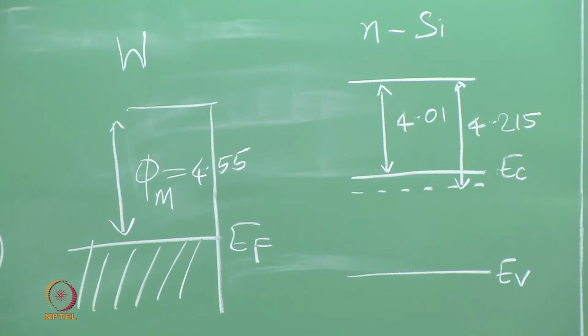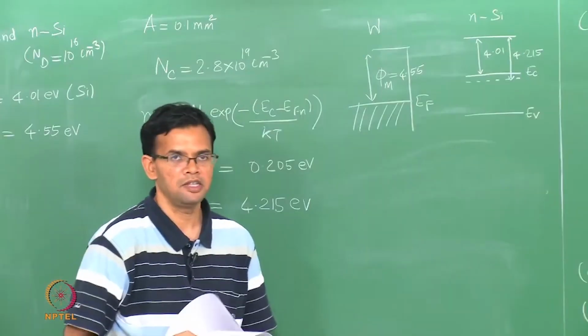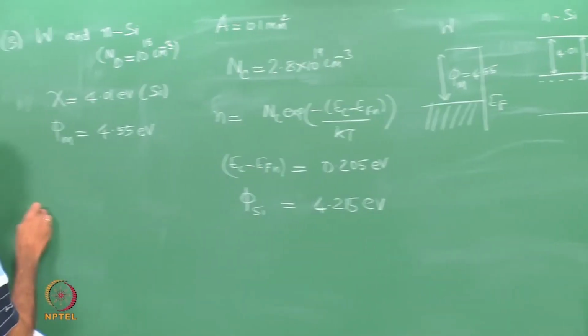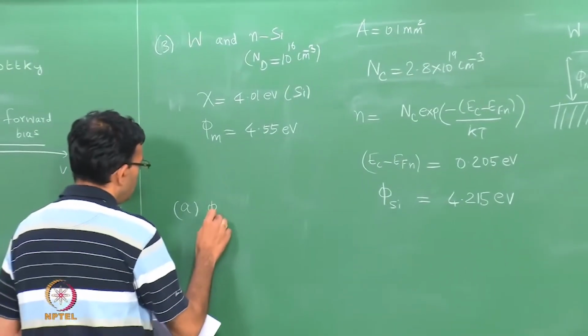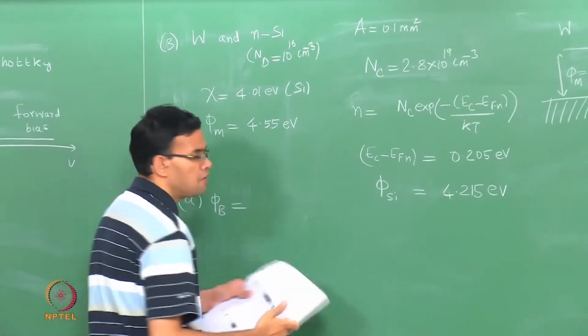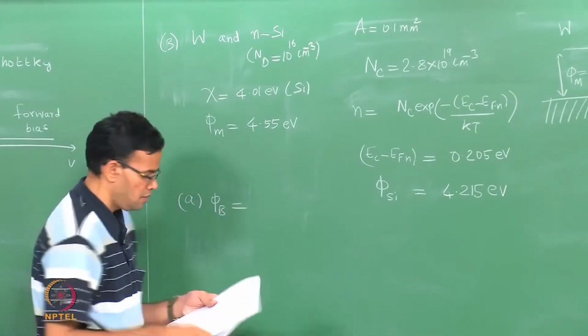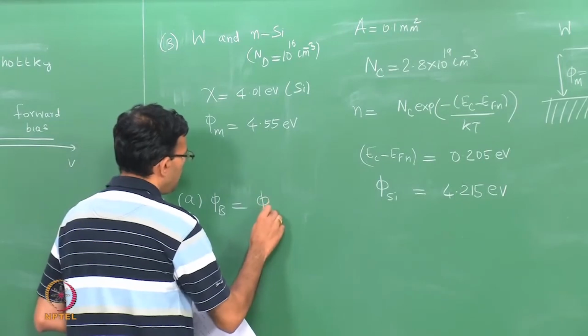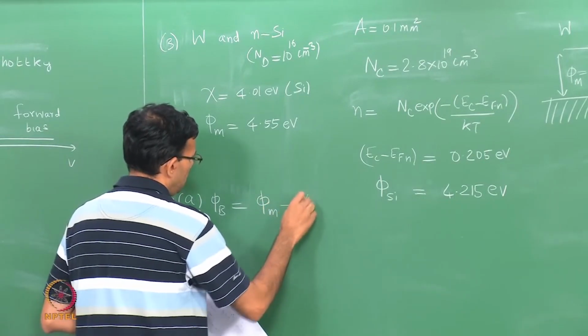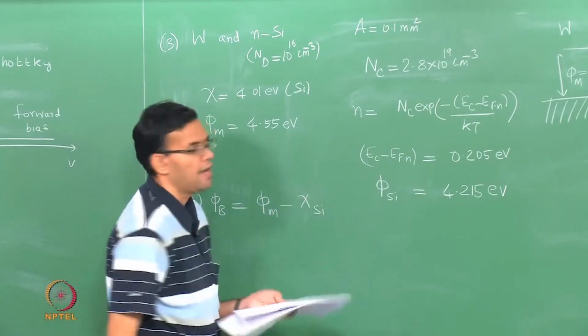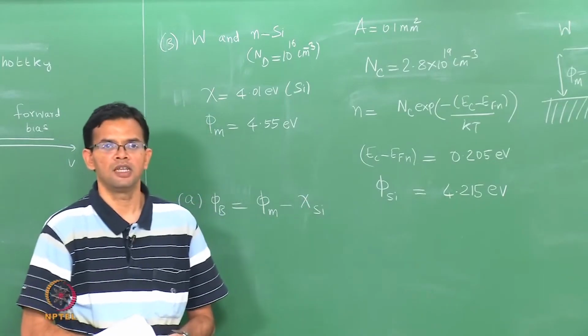So, part A, we want to calculate the theoretical Schottky barrier. So, we want to calculate phi b. Phi b is the Schottky barrier, and that is essentially the work function of the metal minus the electron affinity of the silicon.